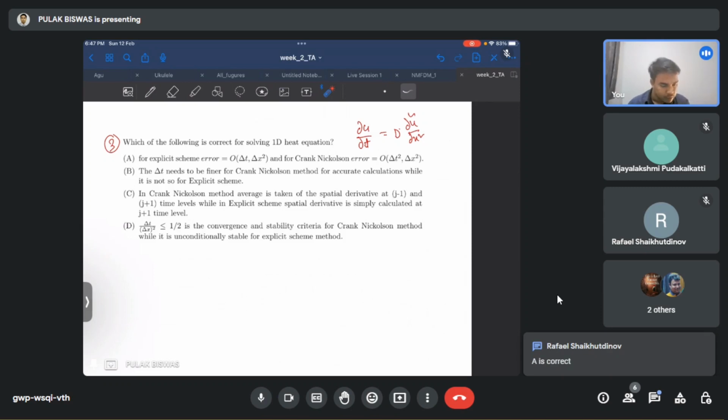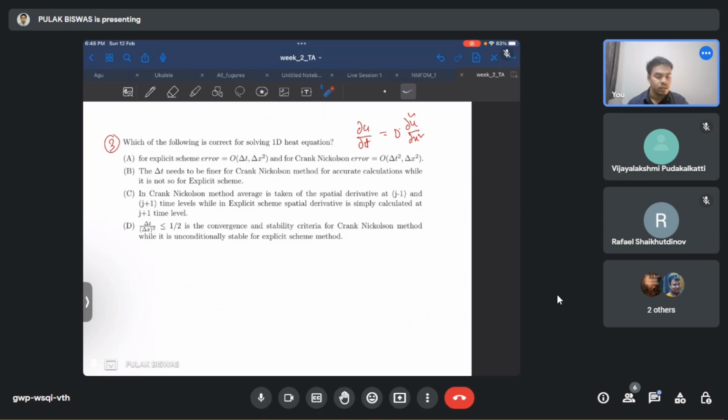And let me again clarify this one. That delta T needs to be finer for the Crank-Nicolson method for accurate calculation, while it is not for the explicit scheme. Actually, the stability problem comes only for the explicit case. Implicit and Crank-Nicolson are unconditionally stable. Whatever value you choose for delta T or delta X, it is stable. So this should actually be reversed.